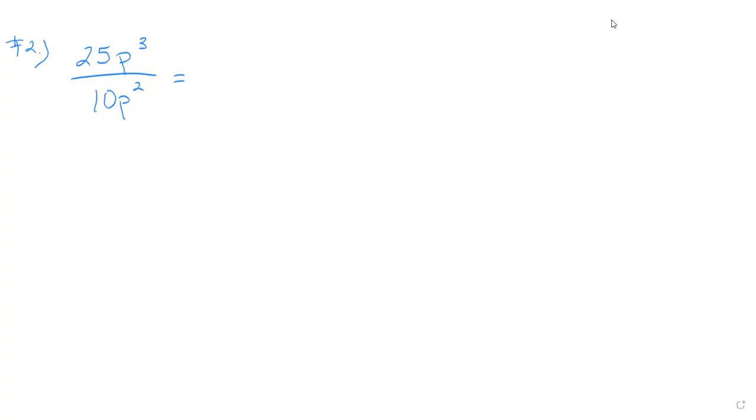So when you're talking about rational expressions and you're talking about reducing, you are talking about factors. If you've got binomials or trinomials, you're talking about factoring. These two things we have are monomials. So I have a monomial on the top and a monomial on the bottom. Monomials are much easier to work with.